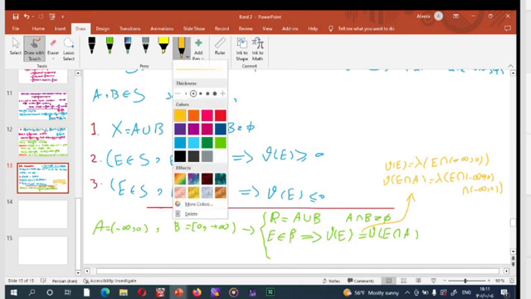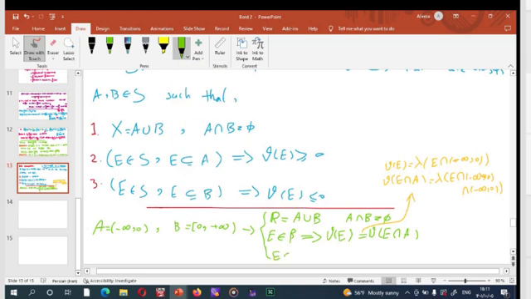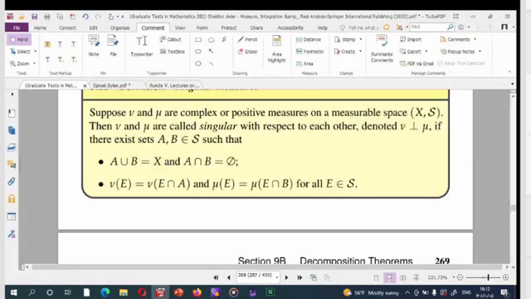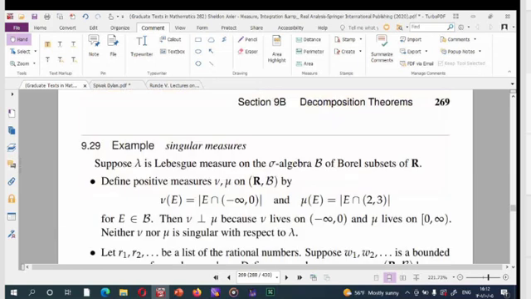And similarly, for any Borel subset of real numbers, mu of E equals mu of this intersection, so that we have these two properties.